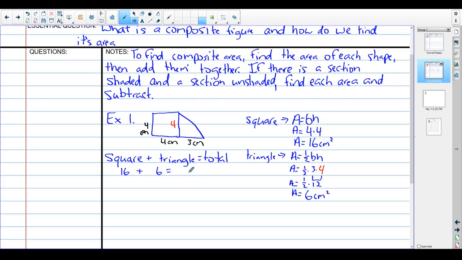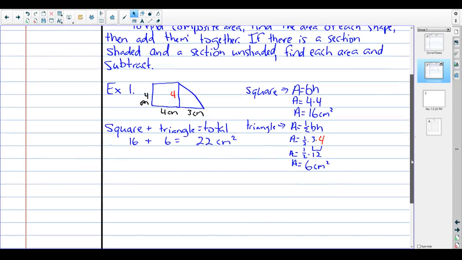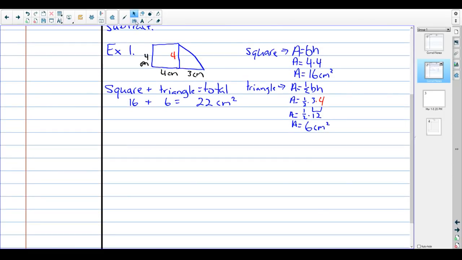Gives us a total of 22 centimeters squared. And I could line that up a little better. That's the whole idea. Area of one thing, area of the other thing, and then add them together. Alright, example 2.